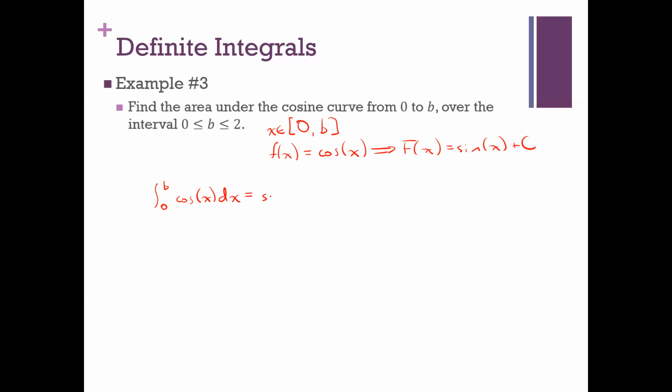Okay, so knowing I can let go of the constant or just make the constant equal to 0, now what I'm doing is evaluating this function sine of x from 0 to b. So from here I get sine of b minus sine of 0. What is the sine of 0? So I just get the sine of b.